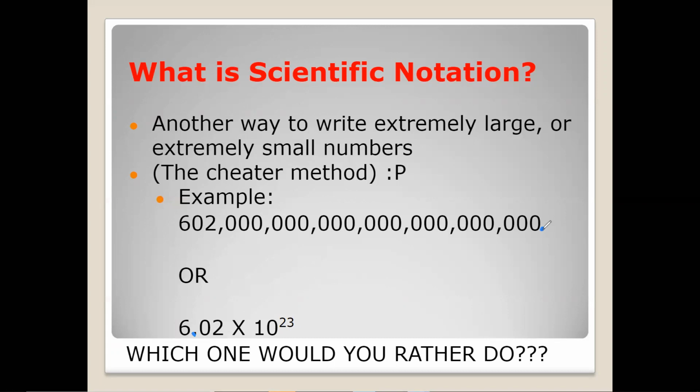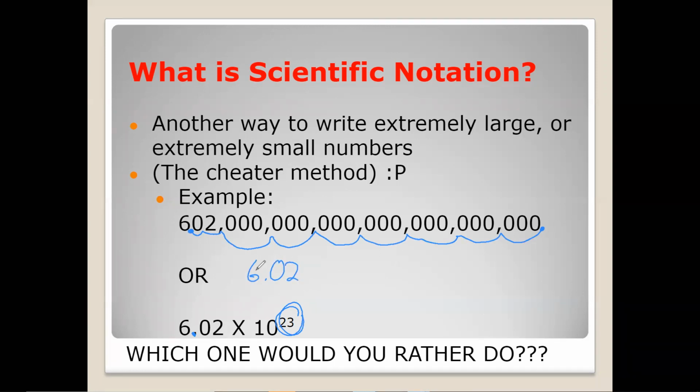So if you take it and you move it to the left, 3, 6, 9, 12, 15, 18, 21, 22, 23 spaces over to the left, notice that I moved it 23 spaces and that exponent is 23. Suddenly you get 6.02 with a bunch of lagging zeros that you don't have to write.